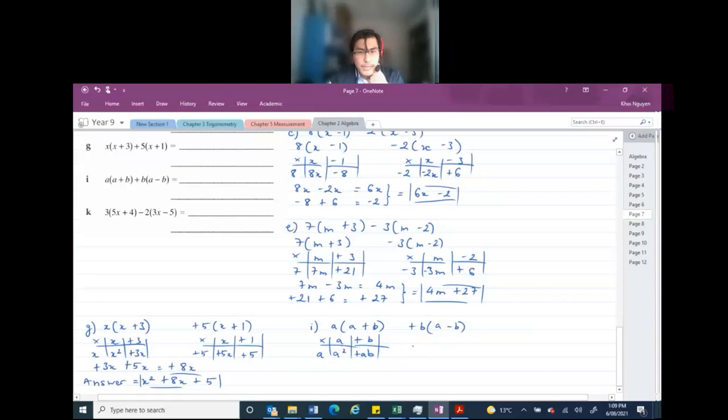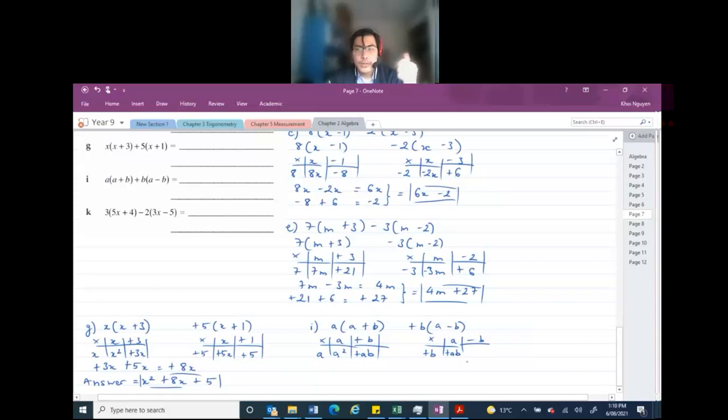So positive ab. And for the second one, I've got positive b on the outside, then a minus b on the inside. Positive b times, again, I'm assuming this is positive a, so positive and a positive is positive. B times a is ba, but I can also write that as ab.